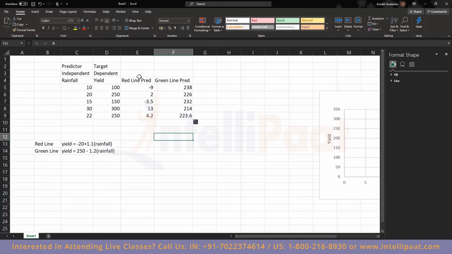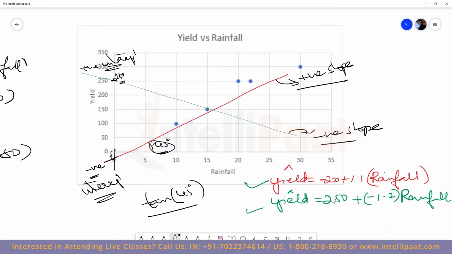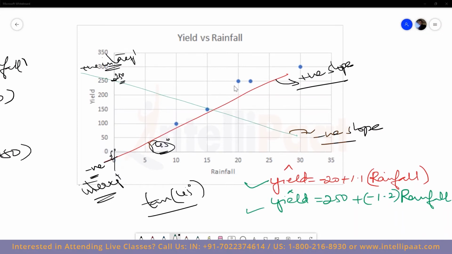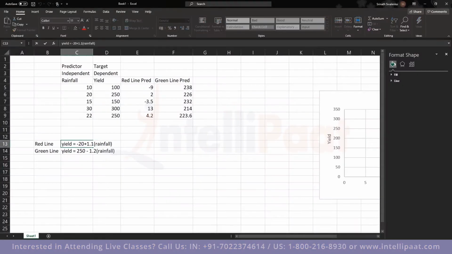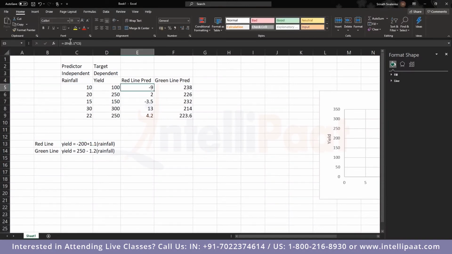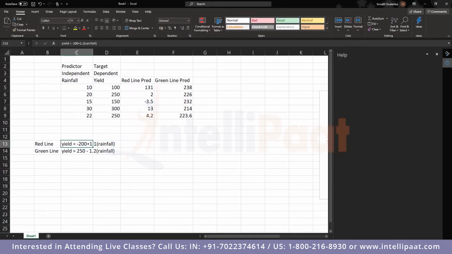So you have your red line prediction and your green line prediction at this particular point. And I think I made a small mistake with this particular equation, because the red line needs to have a higher intercept to cut through these data points. Let's make a small change here. Instead of making it negative 20, let's make this 120.